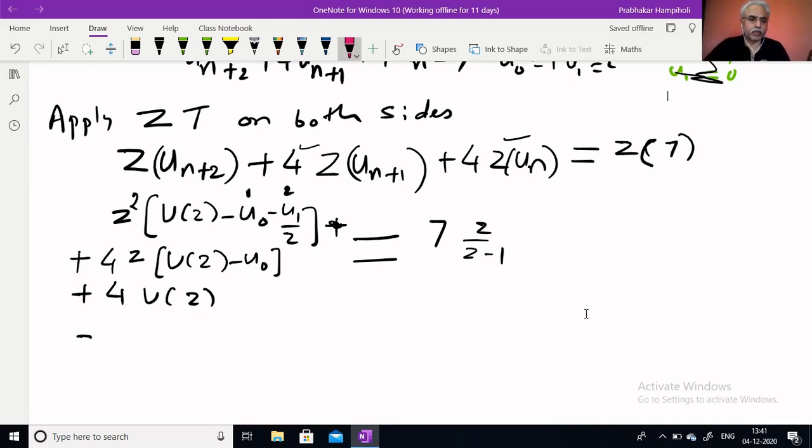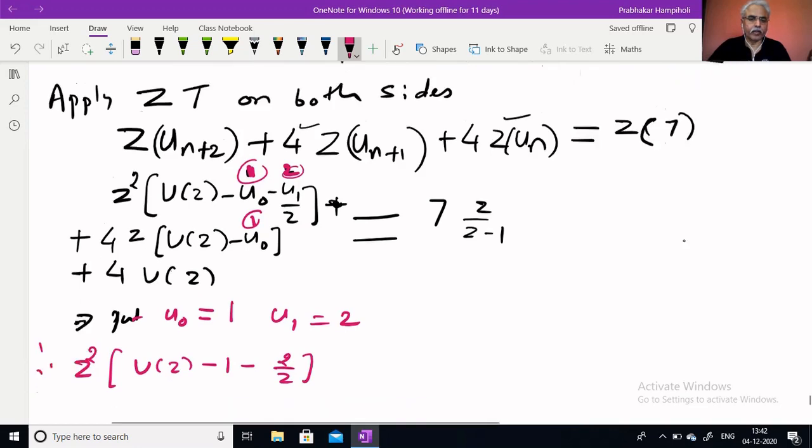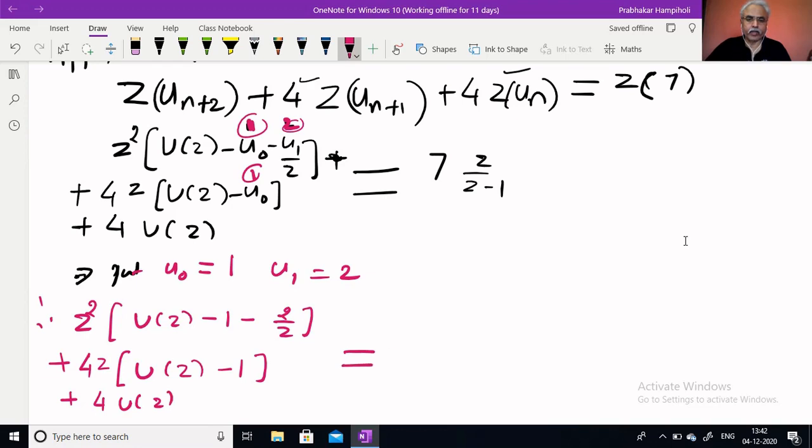So this becomes z square into bracket u of z minus 1 minus 2 upon z, plus 4 times z into u of z minus 1, plus 4 times u of z. This is our left hand side, and the right hand side as it is.